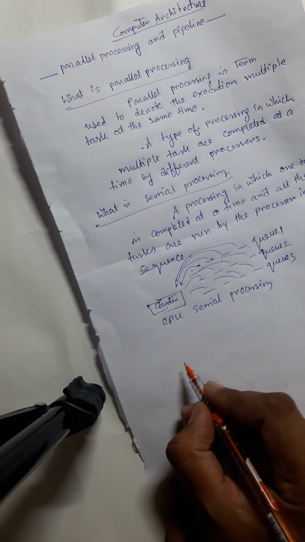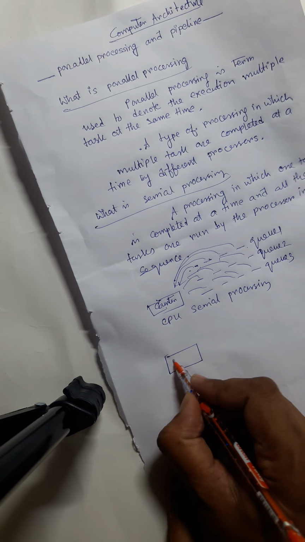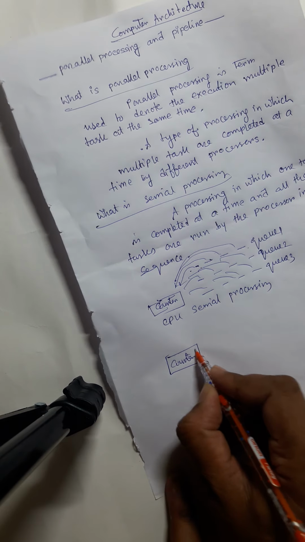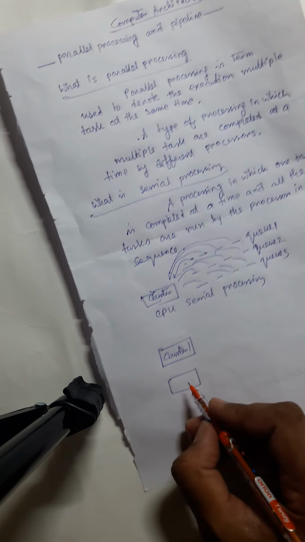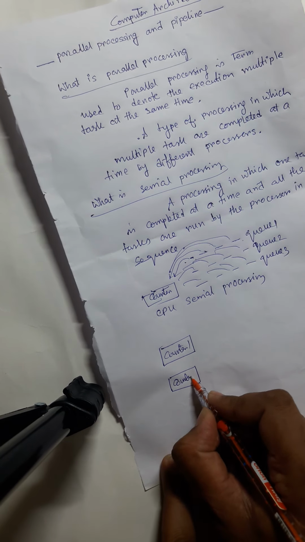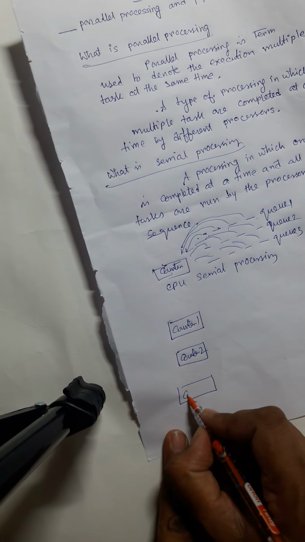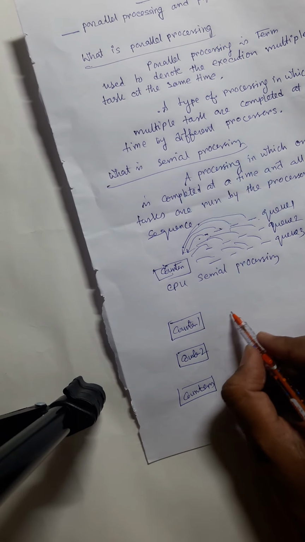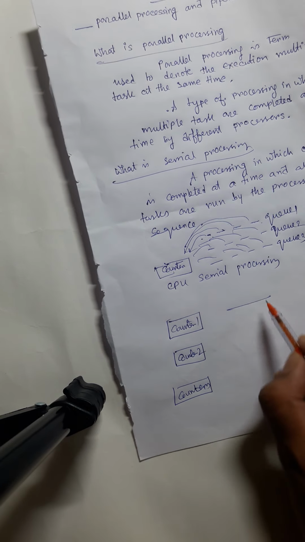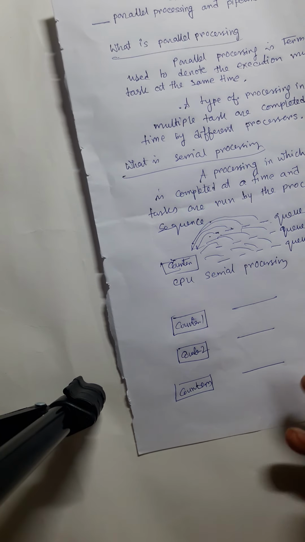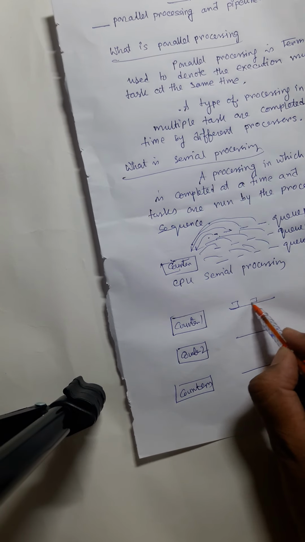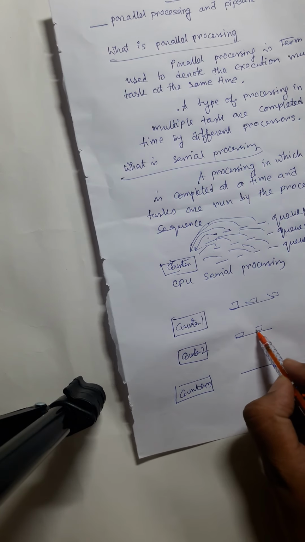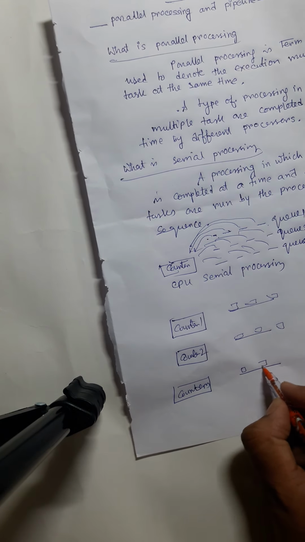In parallel processing, there are many counters. Suppose counter 1, counter 2, counter 3, many counters are there, and many queues, Q1, Q2, Q3. So at a time, when the people are waiting in the queue, they are being executed simultaneously.